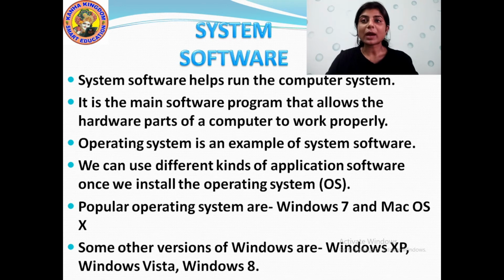So now students, what is system software? There are two types of software, system software and application software. Yes or no? System software means the software which is related to the computer system. Okay. Now what is system software? System software helps run the computer system. Computer system is a group of the computer parts.